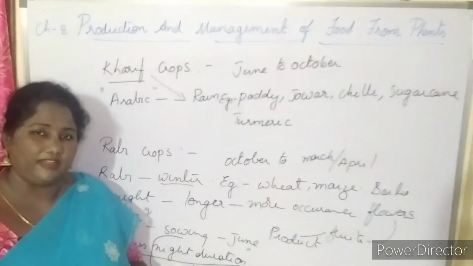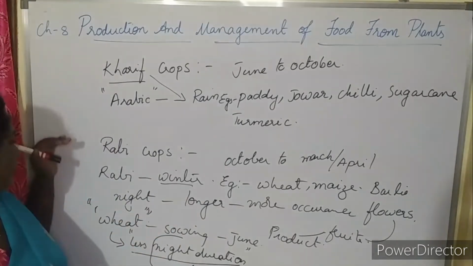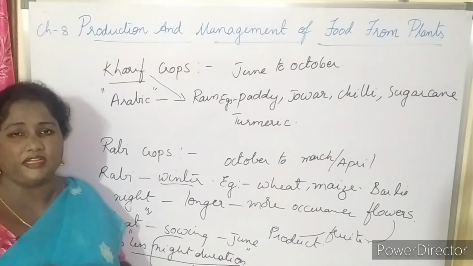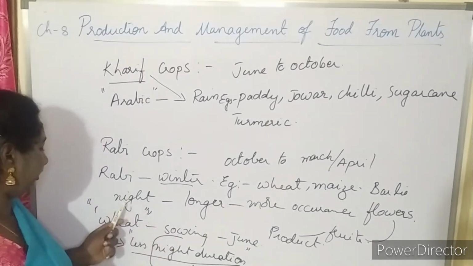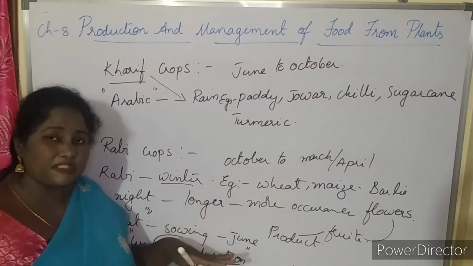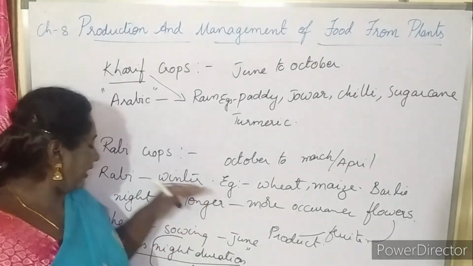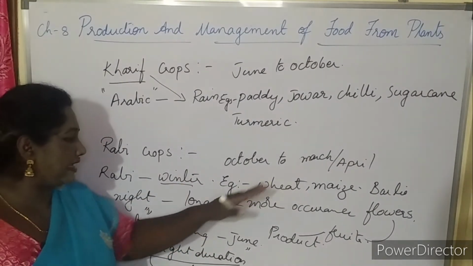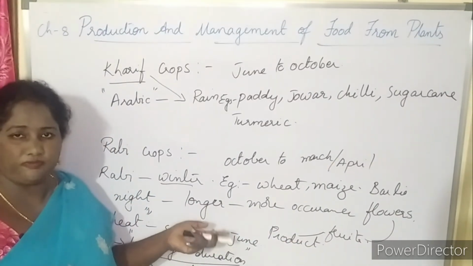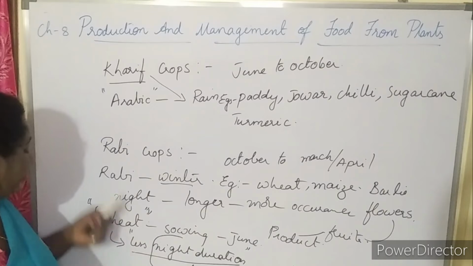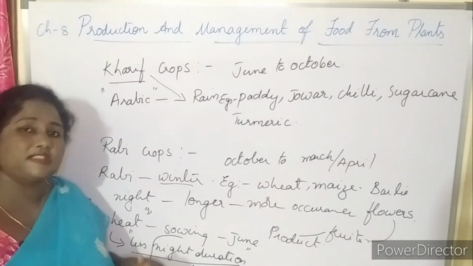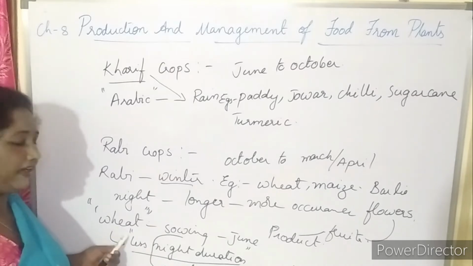So here we observed that the season matters, and even night duration matters. A longer night helps the flowering plants, because some flowering plants will give more flowers when the night is longer. So that is useful for flowering plants. But if the night duration is very short, it is useful for some types of crops like wheat.